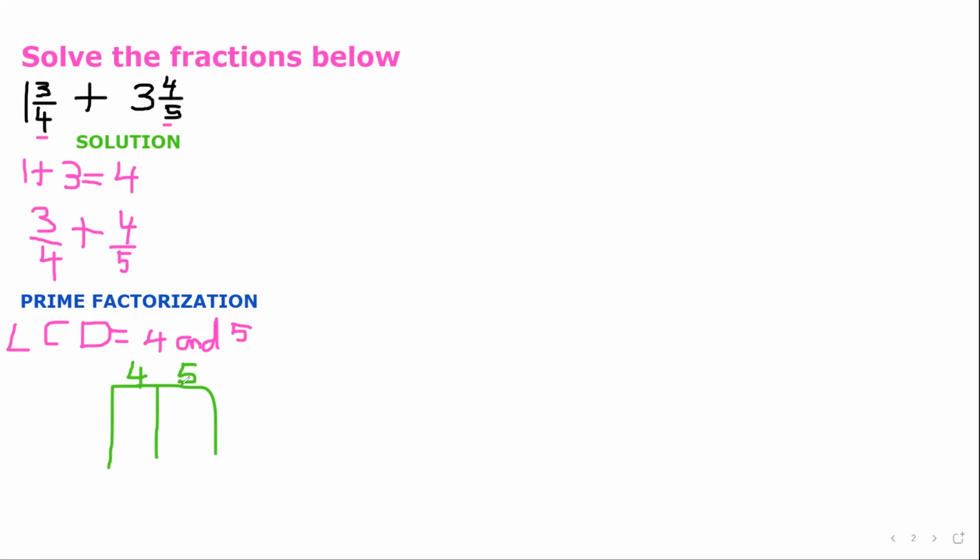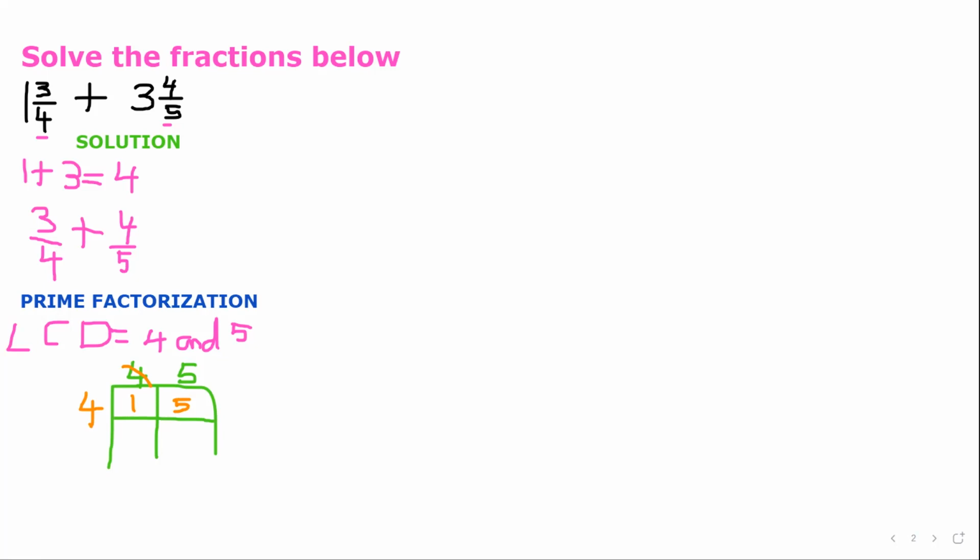Okay. So 4 divides 4, 1. 4 cannot divide 5, so we have to repeat the 5. Okay. Good. Now we are done with the 4 because you're supposed to reduce the numbers to 1.